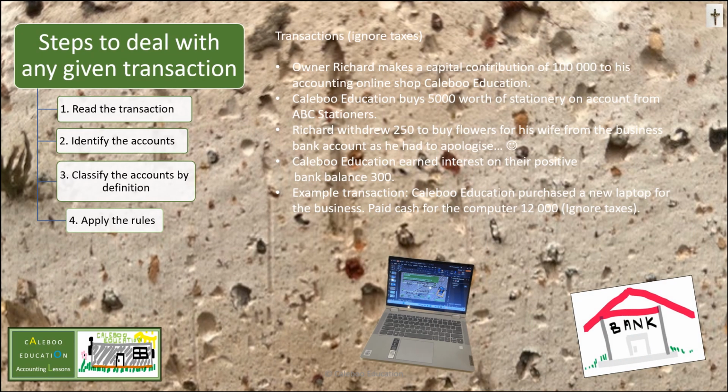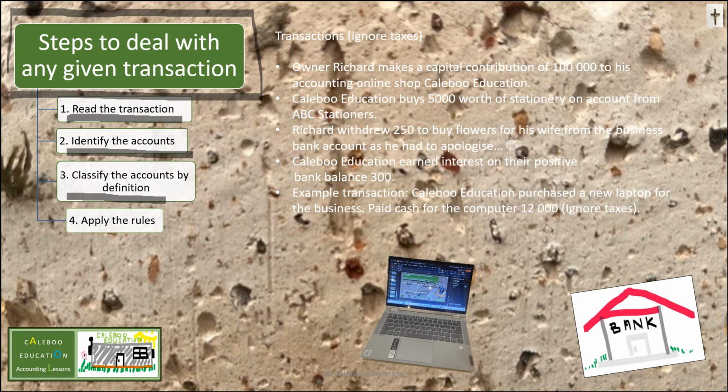It's time to start applying what we've learned. I've given some steps here to deal with transactions. It might seem obvious, but you need to read the transaction carefully. The second step is you need to identify the accounts involved. You need to classify the accounts by definition.